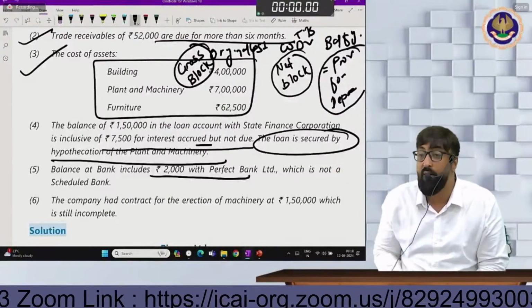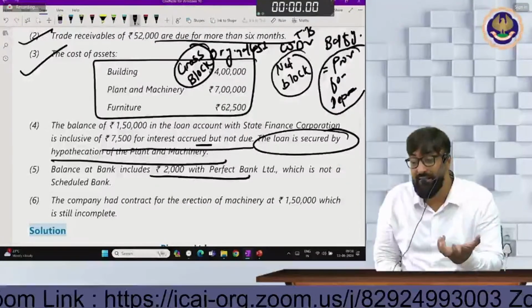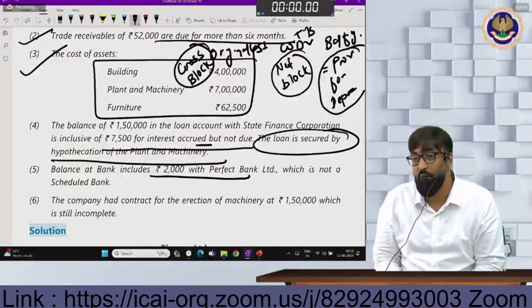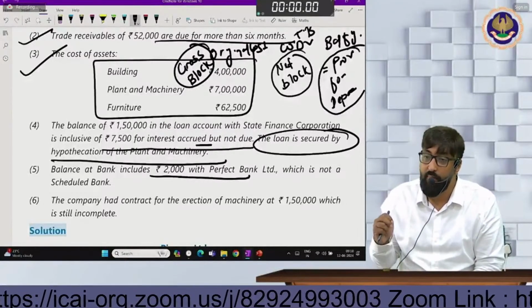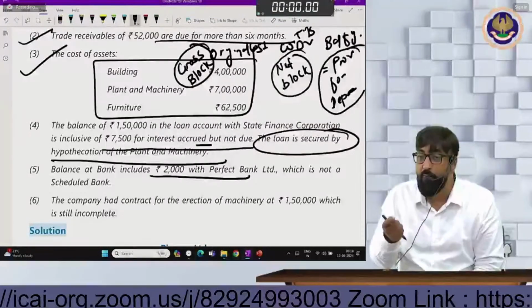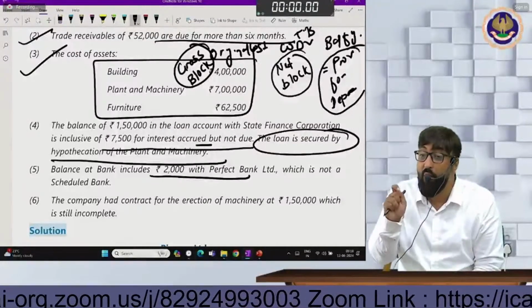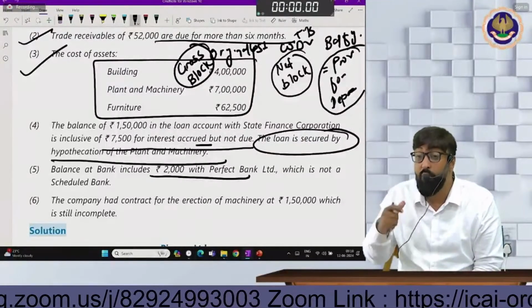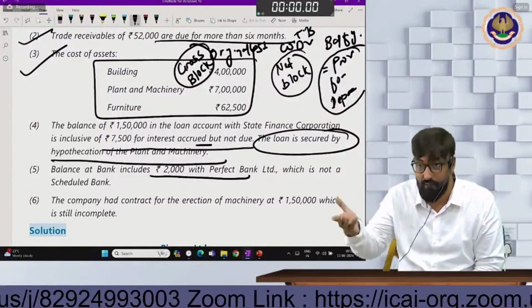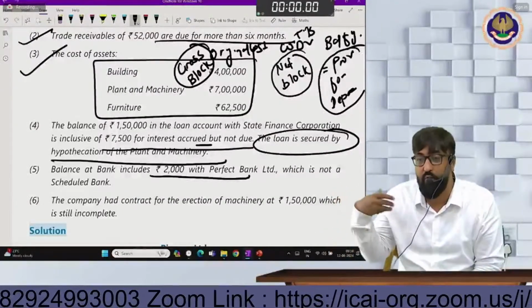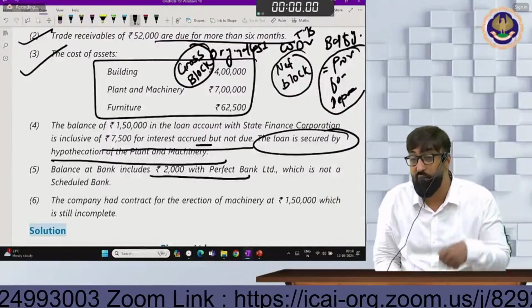Suppose if you have taken a CC, so bank has a security on your stock. And pledge is more stringent, where you have to take permission of bank while selling goods. Okay, so stock permission, whenever you want to sell, you have to take a permission.